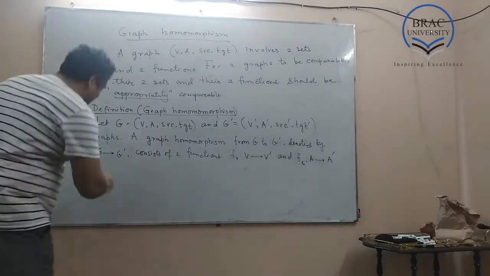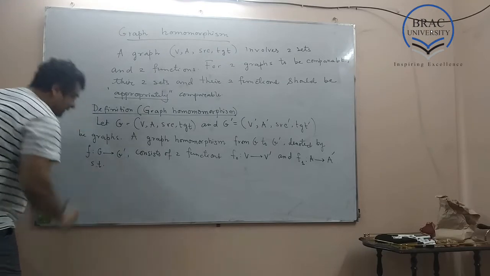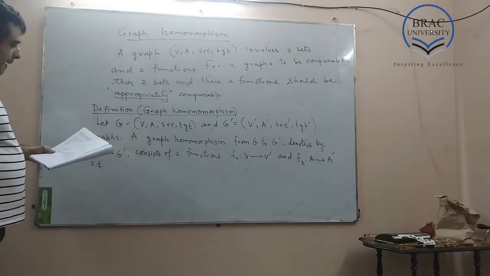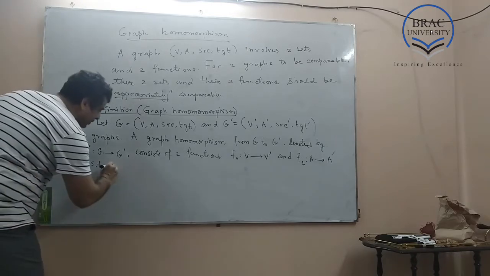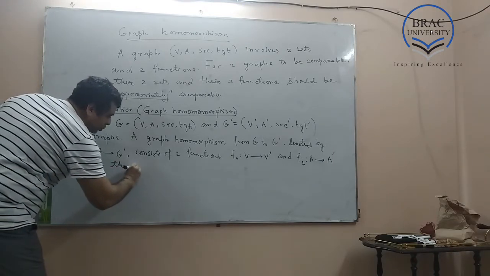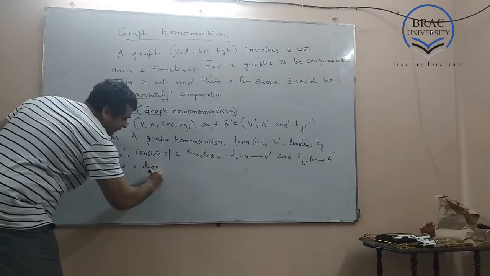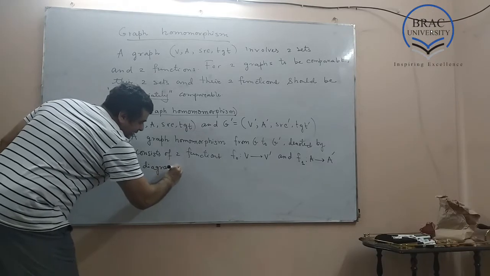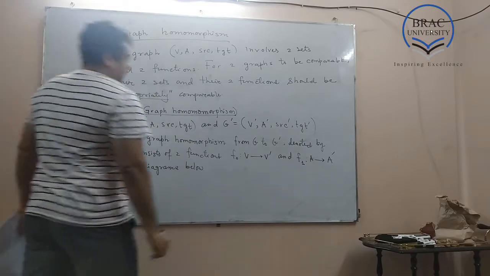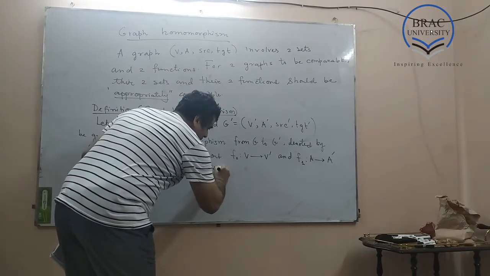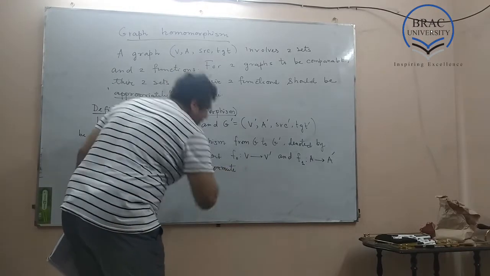such that the two diagrams below commute. Okay. What are the two diagrams?